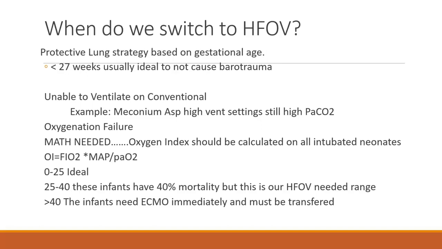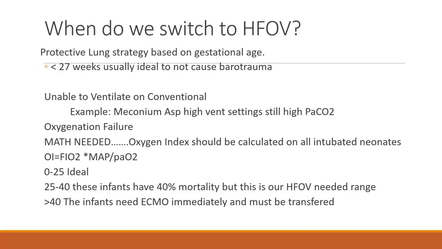Depending on if we have different blood gas machines, then we might be able to have those automatically run on our blood gases, because what it is, is the FiO2 times the MAP, and on the oscillator, the MAP is a setting. Otherwise, you would just get your MAP from your conventional, and that's divided by your PaO2.